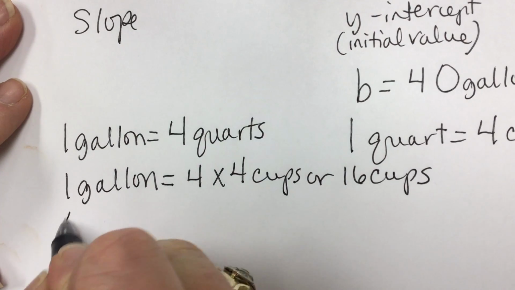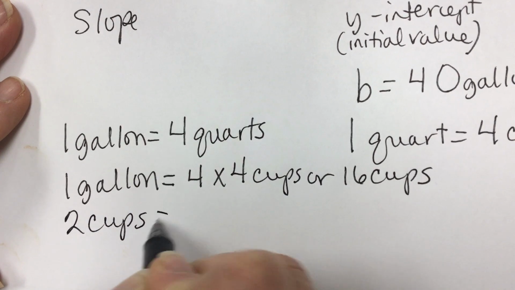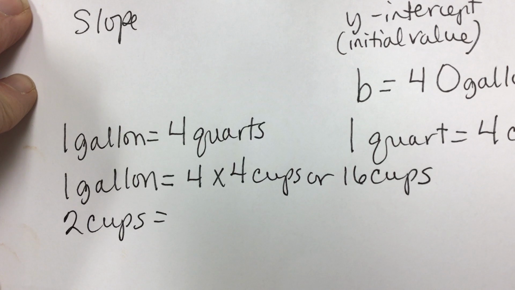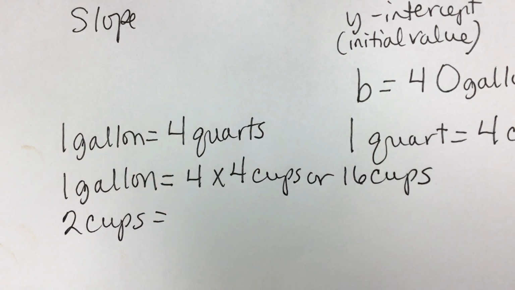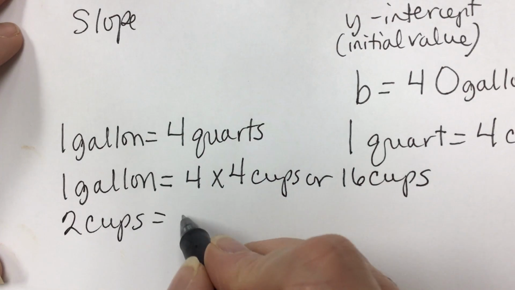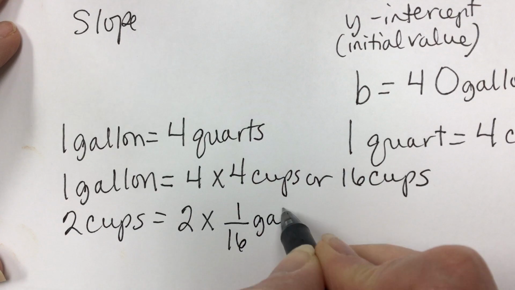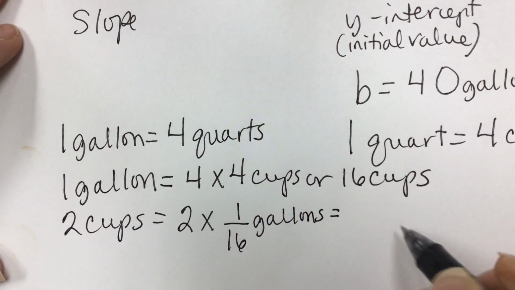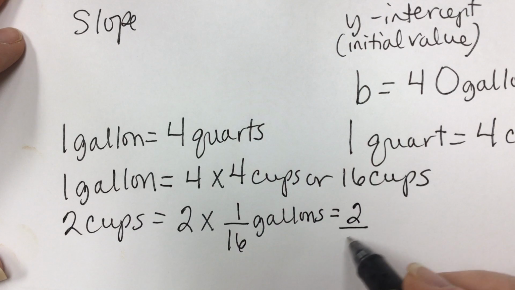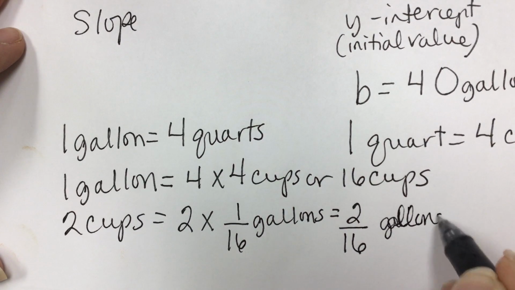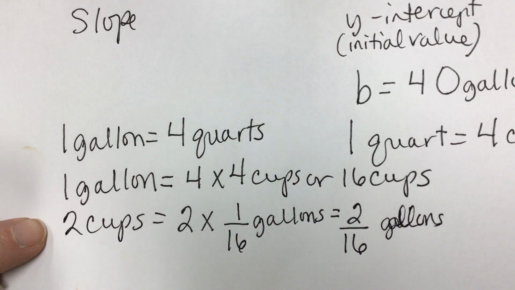So, what is 2 cups in gallons? Well, if you know that 1 gallon is 16 cups, then it's like we're saying 2 times 1 over 16 gallons. Or you could just write it as 2 over 16 gallons.